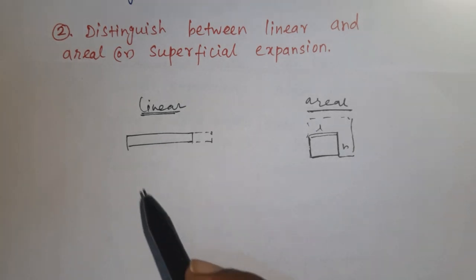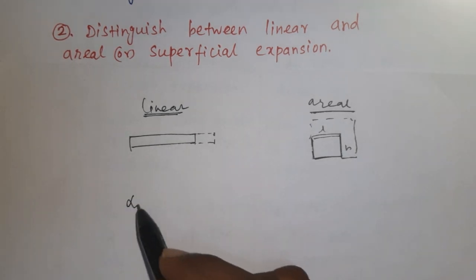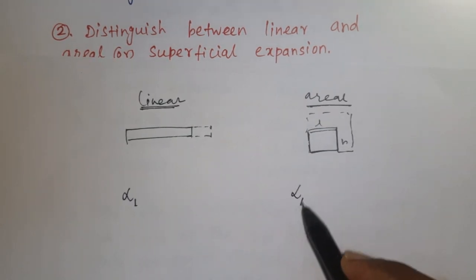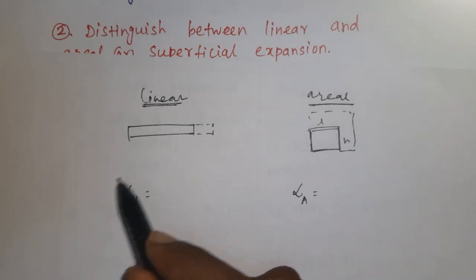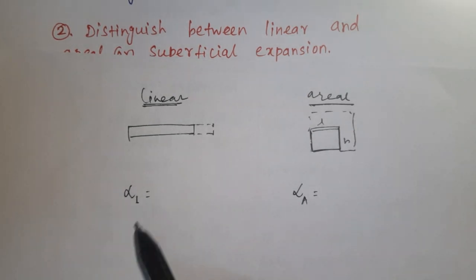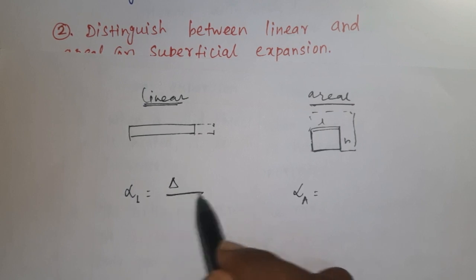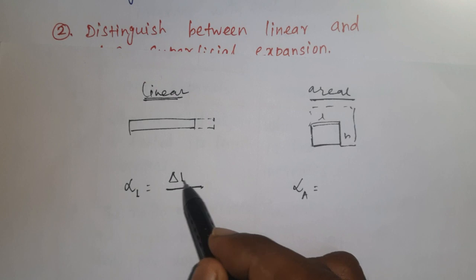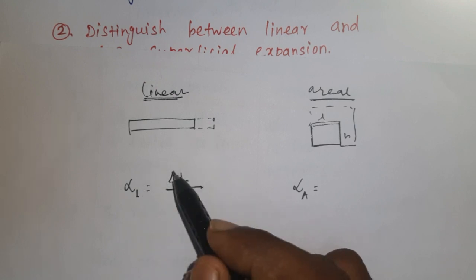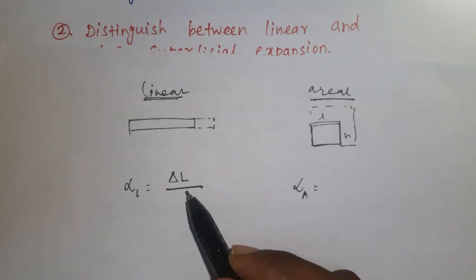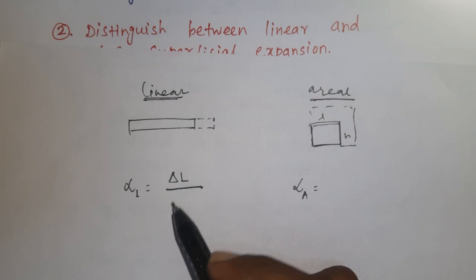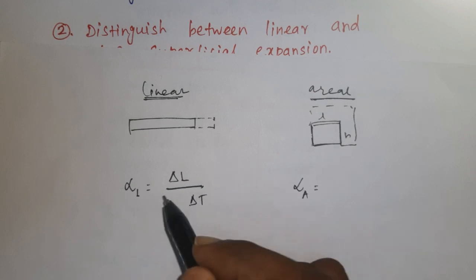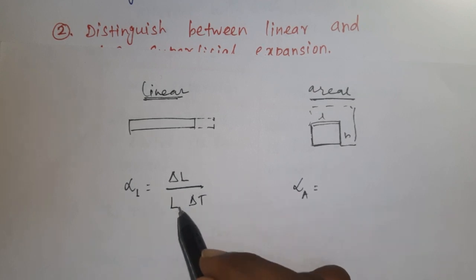Next, the coefficient of linear expansion is alpha L. The coefficient of areal expansion is alpha A. The coefficient of linear expansion is nothing but the ratio of increase in length, that is del L, per degree rise in temperature, that is del T, to its unit length, that is L naught.